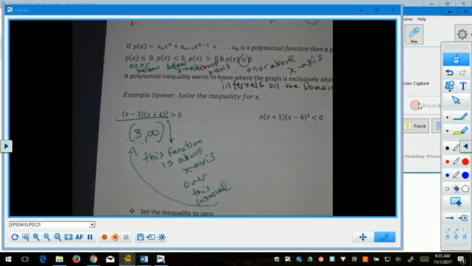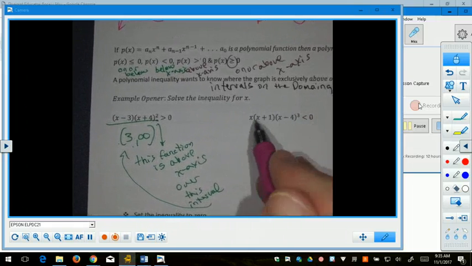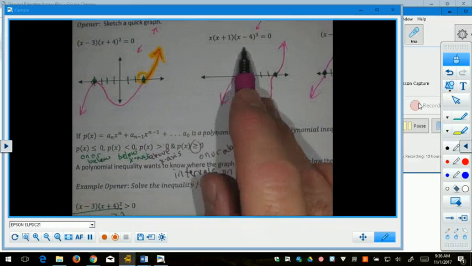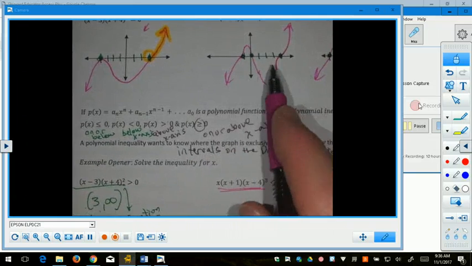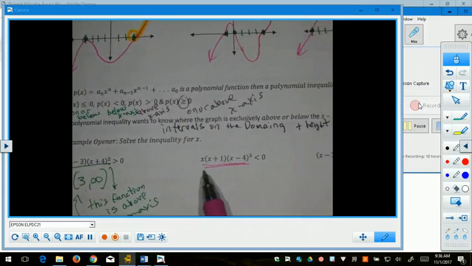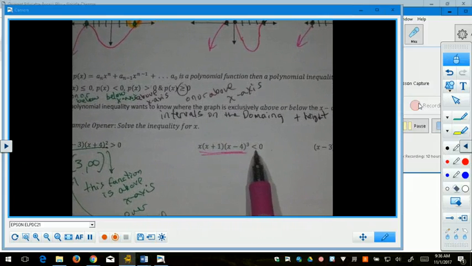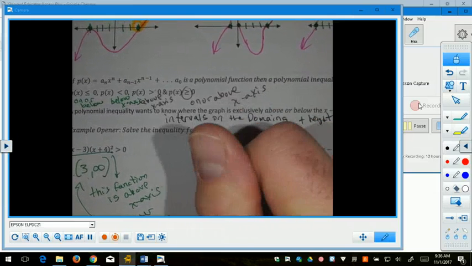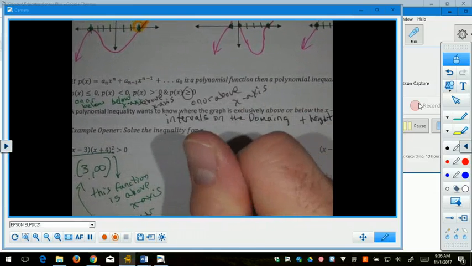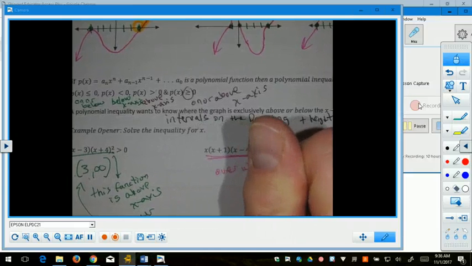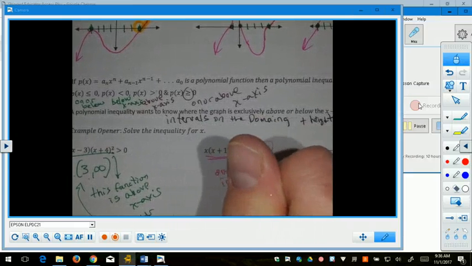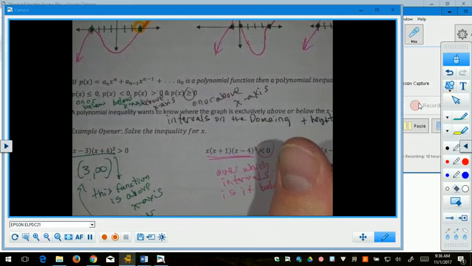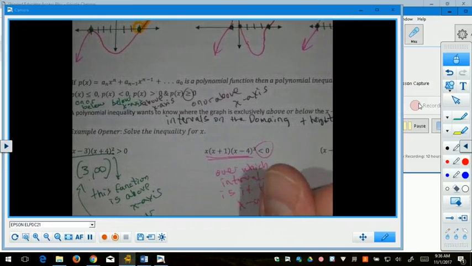So for the next problem, they have, again, the same polynomial function we have up here, but rather than it being equal to 0, where we're finding the zeros and sketching the function, we're now saying, when is it strictly less than 0? So we're asking where or over which intervals is it below the x-axis?